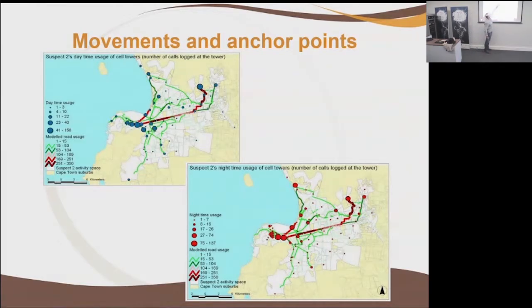And he was staying there at Plattekloof, and Plattekloof is an upmarket area in Cape Town, and you could see him coming down the N1, Afrikaner Voortrekker Road. There's the N1 coming down into town, and that is how he moved about. You could see clearly the congregation point. He always went to the business that the guy had, and also in the night time he went to that particular nightclub.